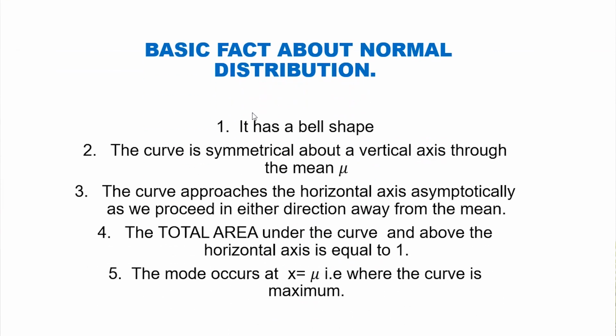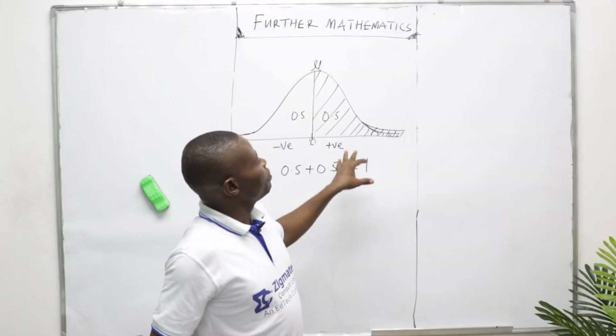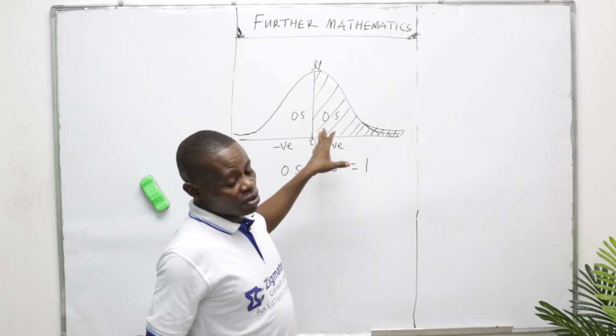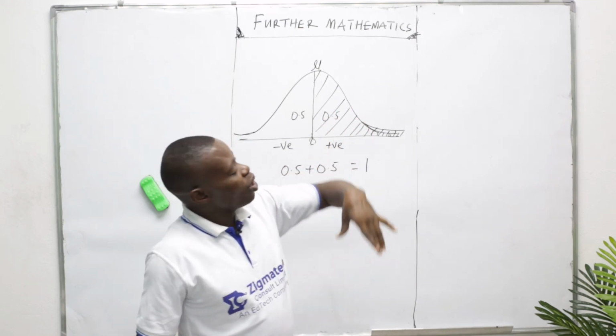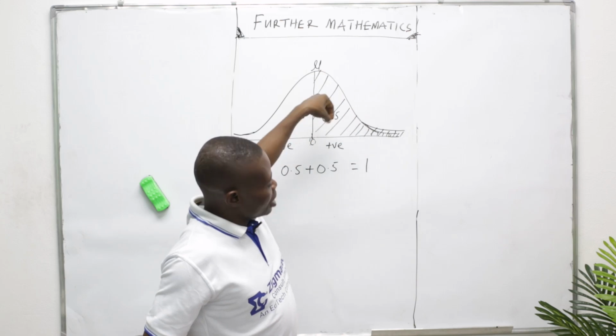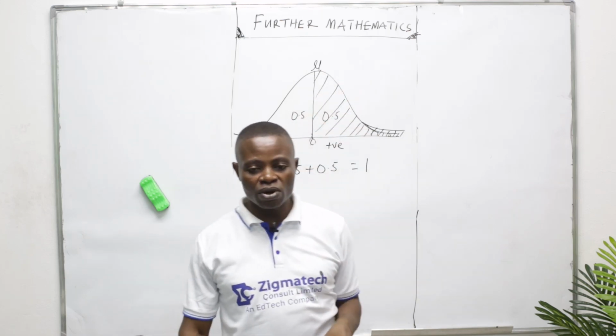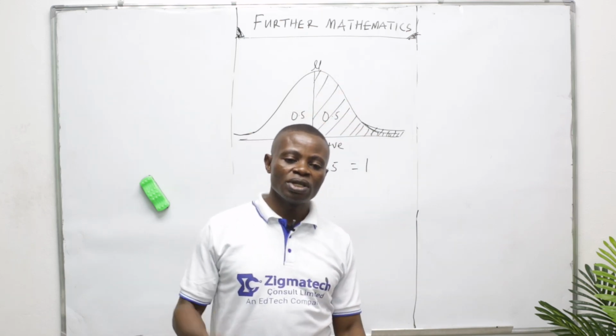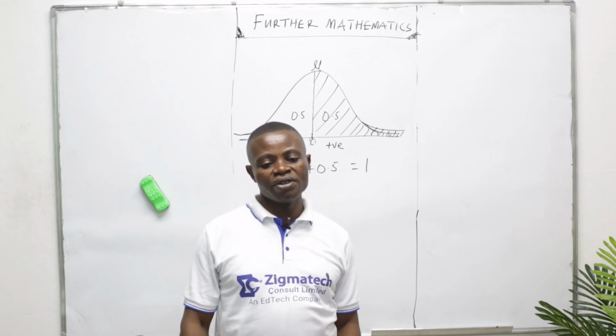Finally, the mode occurs at x equals what? The mean. That's where the score of a given set of numbers is equal to the mean. You say that's where the mode occurs. So if you were asked a question, what is the mode of whatever, try to check where the variable or the scores given is equal to the mean of the given question.